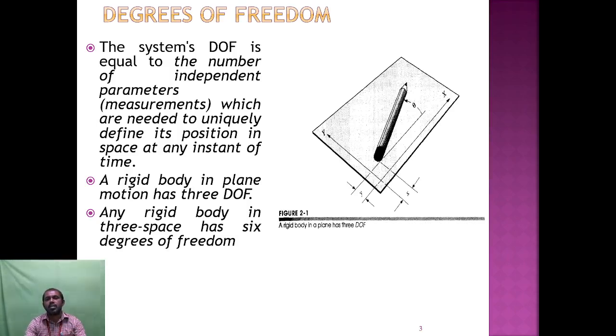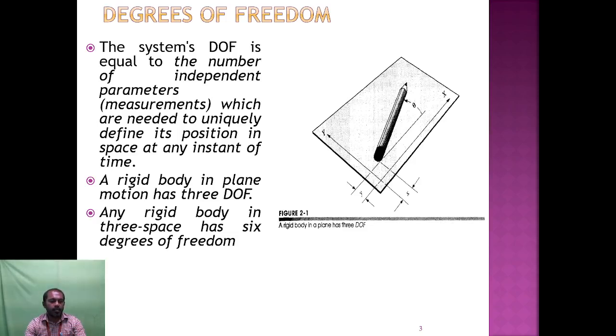Okay, so first, what is the degree of freedom? Degree of freedom does not depend on the way of the motions. It is only the number of independent variables for the rigid body.